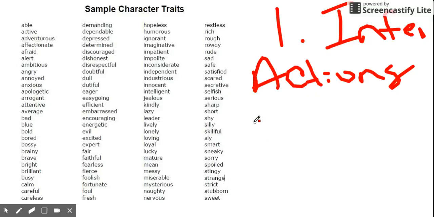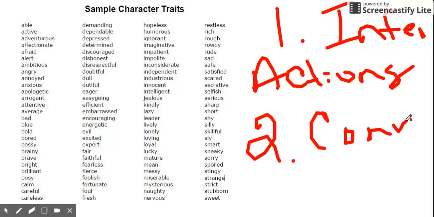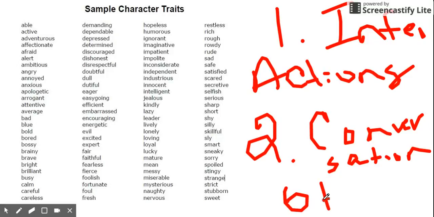Another way that an author will give clues about the traits of a character is through conversation. And excuse my writing because I'm writing with my finger. Conversation between other characters.